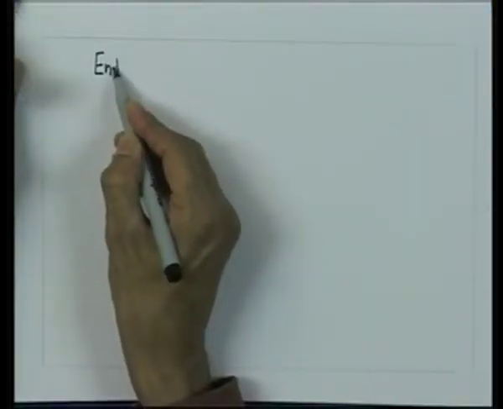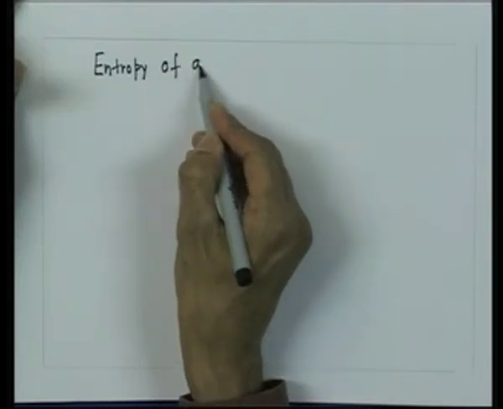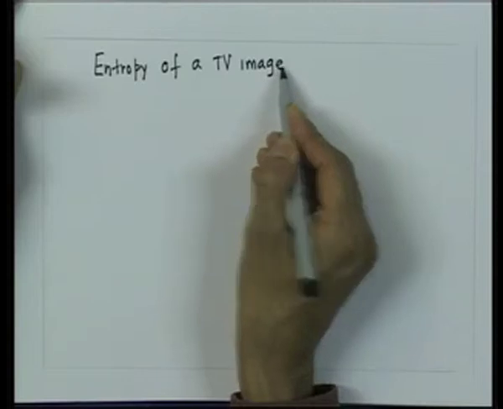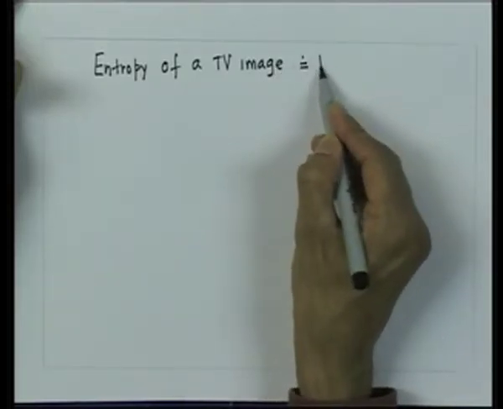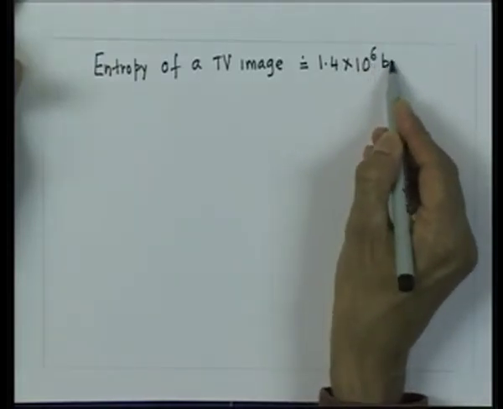In the previous class, we had calculated the entropy of a TV image, and the entropy of that TV image which we calculated was roughly around 1.4 times 10 raised to 6 bits.